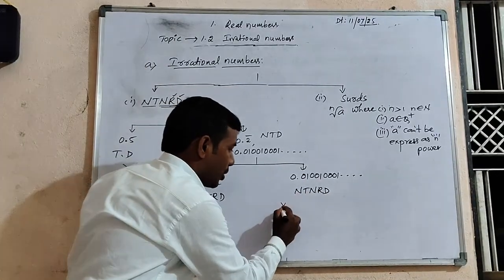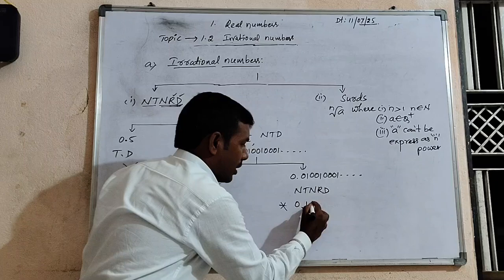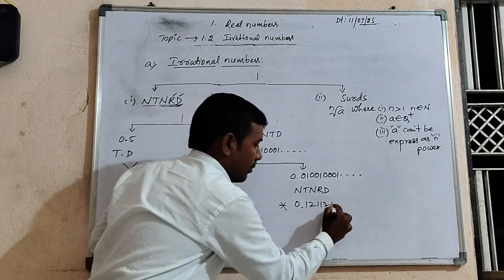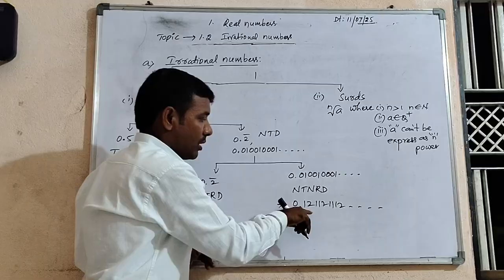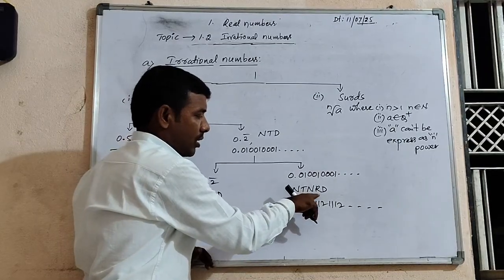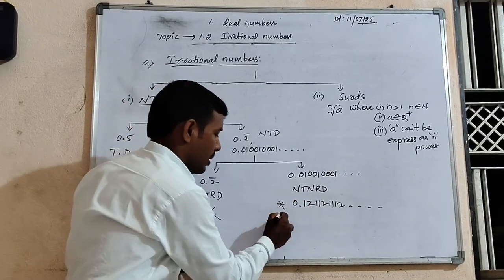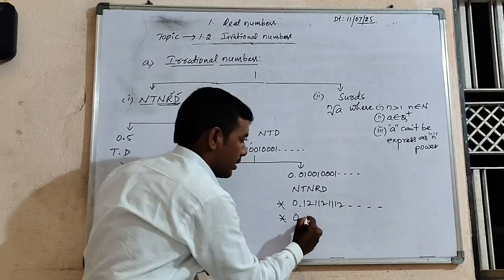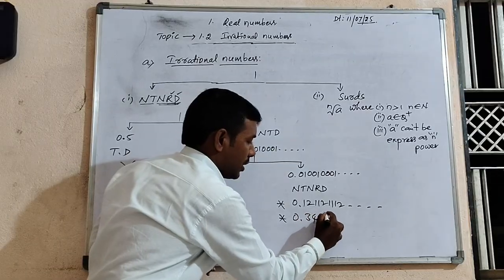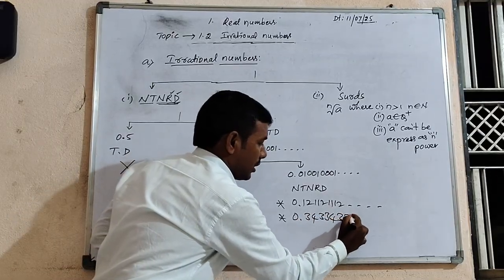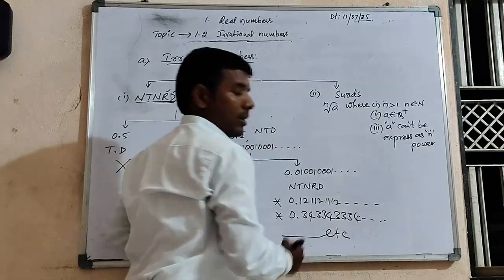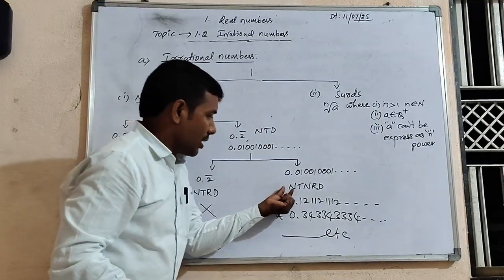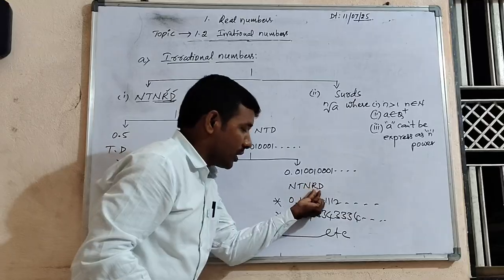I want to give a few more examples: 0.12, 112, 1112, dot dot dot. This is the same, non-terminating, non-repeating decimal only. One more example, 0.34, 334, 3334, dot dot dot. Like this, we can write many which are called non-terminating, non-repeating decimals.